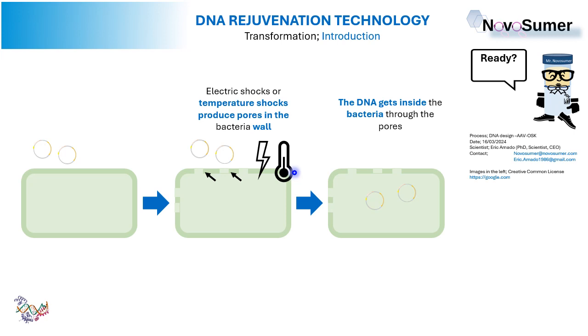These are two methods to create pores in the membrane of the cell. The pores are the way to insert the DNA inside the cells. The DNA will pass through the pores inside the bacteria cells or other kind of cells. Easy, right? It is as simple as this.